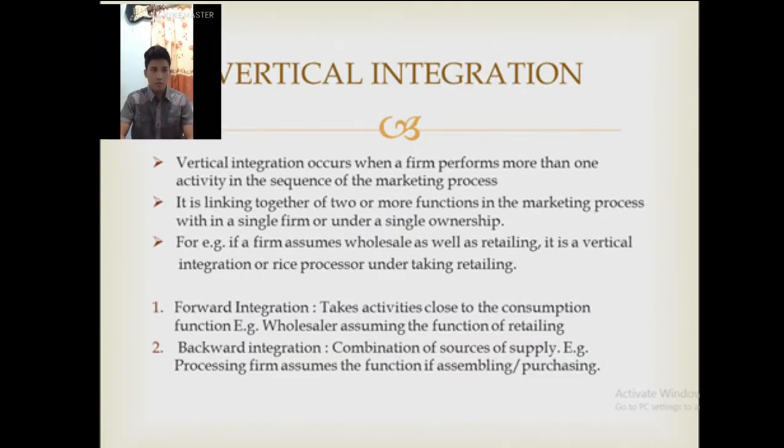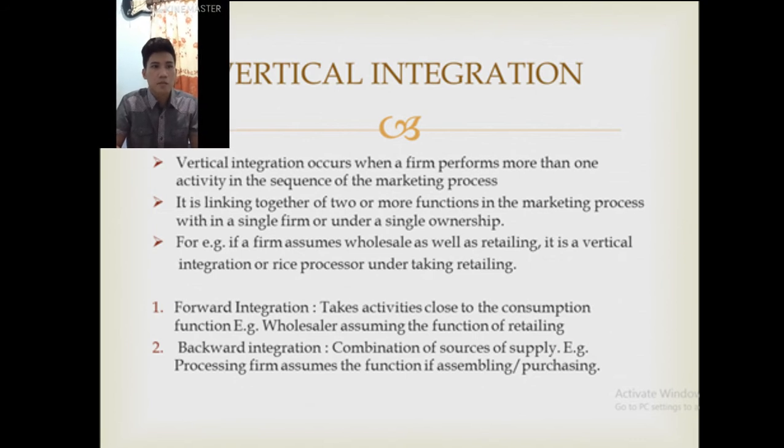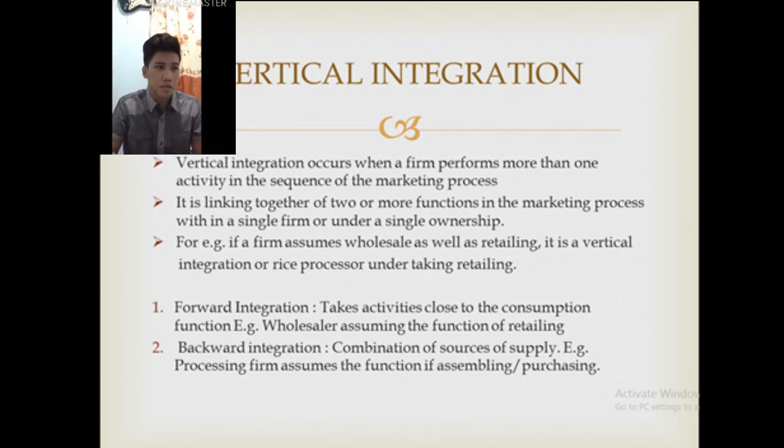Vertical integration occurs when a firm performs more than one activity in the sequence of the marketing process. It is a linking together of two or more functions in the marketing process within a single firm or under a single ownership.